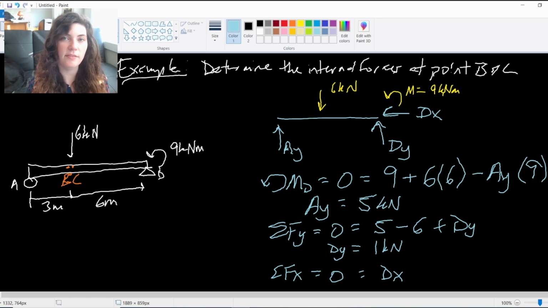So now that I have these reaction forces, I can go ahead and split my beam and draw a free body diagram. You can use either half that you want to. So you can use the segment from A to B or from B to D to solve for those forces at point B. Just note your sign convention.